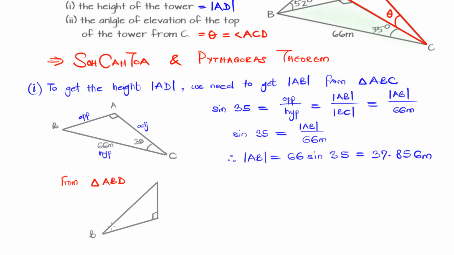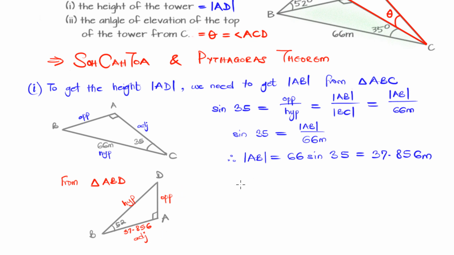I've been told there is a right angle there. We have BD and AD. AB, we just got to be 37.856 meters. Okay, now with respect to 52 degrees, AD is the opposite, then BD is the hypotenuse, while AB that we just got is 37.856.